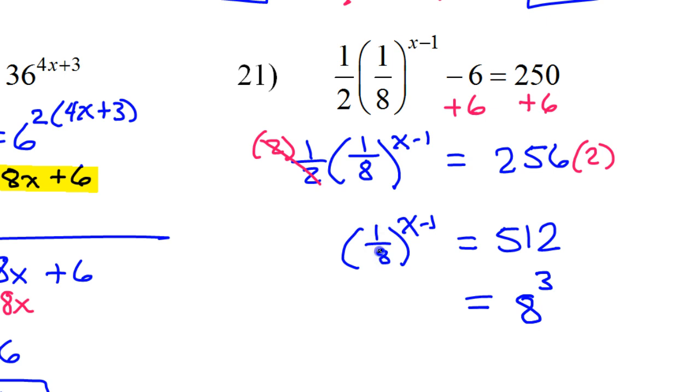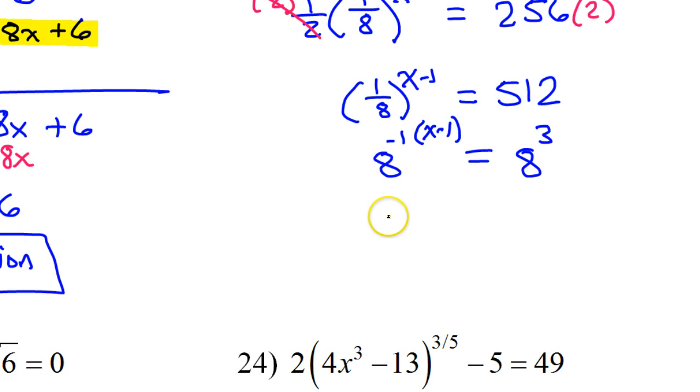That's fine. 1 over 8 is the same thing as 8 to the negative 1 power. So that will give us like bases. Since we already have this x minus 1 happening, I will just put that in parentheses. Of course, I will need to distribute. So this will give me 8 to the negative x plus 1 power.